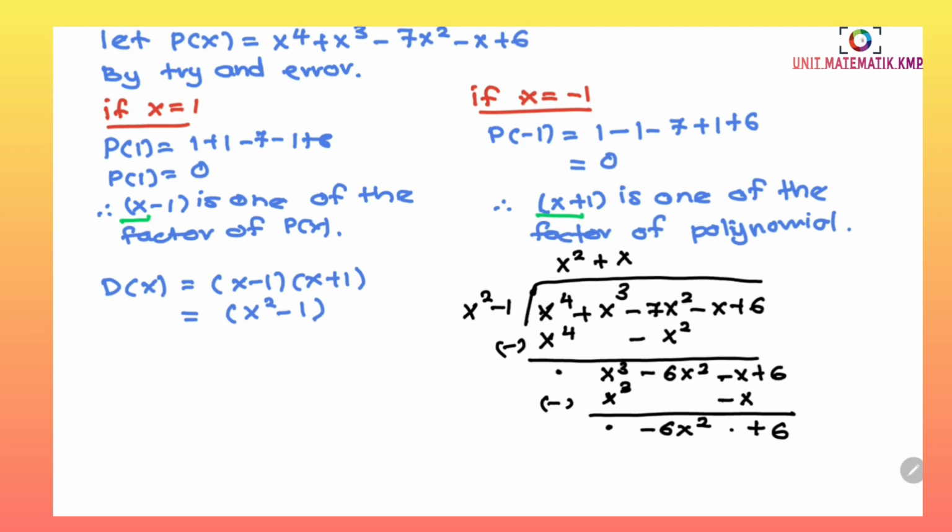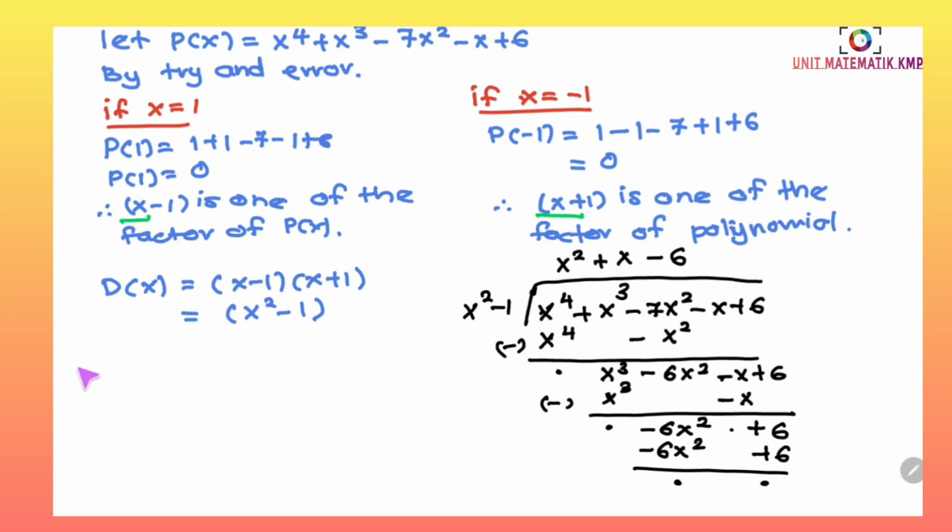Next, proceed with long division. x squared times what here equals negative 6x squared? So x squared times negative 6 is negative 6x squared. Negative 6 times negative 1 is positive 6. So we will have no remainder. Next, rewrite into the general form of the polynomial.